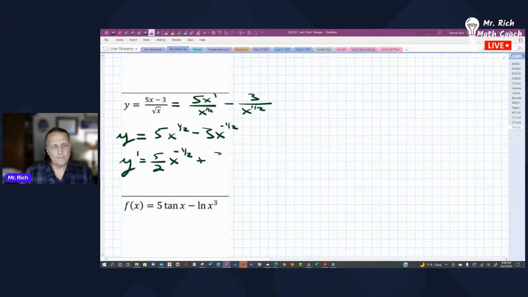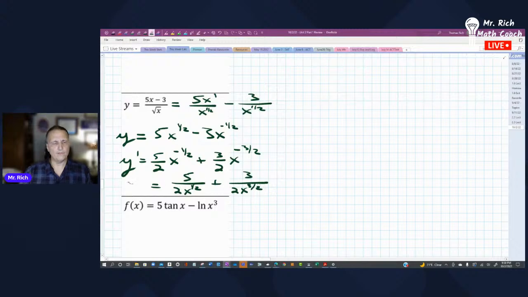This would become positive 3/2 x to the negative 3/2. As I reduce that exponent by 1, it makes it negative 3/2. Finally, what I will do is move these negative exponents down into the denominator to make them positive. So this would be 5 over 2 times x to the positive 1/2 plus 3 over 2 x to the positive 3/2. And that is my derivative.